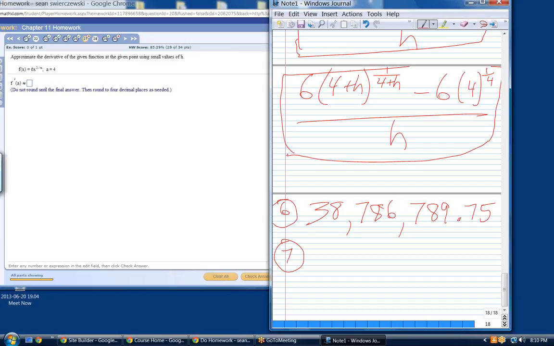Did your calculator only go to 11 places? Well, it says round to 4 decimal places as needed. The thing is that I suspect there's additional numbers after the 5. It's just your calculator is cutting it off at its inability to show more than 12 digits. You know what I'm saying? Yeah. Now, I bet they did that intentionally.